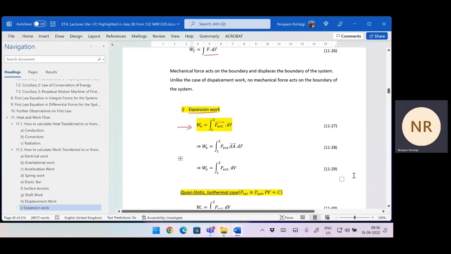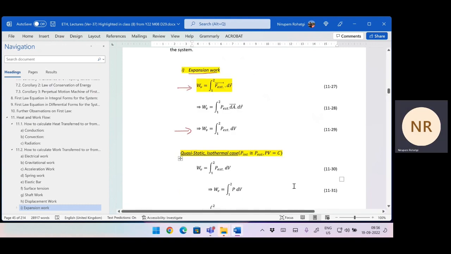So the real formula is P external dV. Now when it is a quasi-static process, it becomes P dV, and we nicely apply this formula all the time. But remember, there is a condition that internal pressure and external pressure are the same, the process is quasi-static.